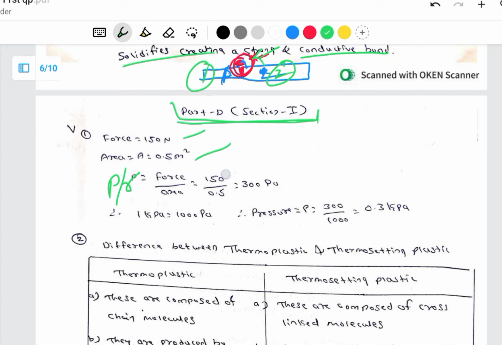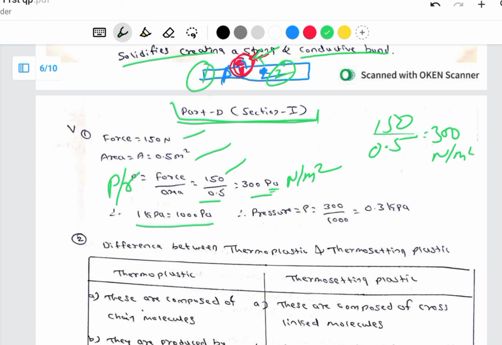So here 150 divided by 0.5, this is in terms of Newton per meter square. Area is given, directly you can solve that one. So here the answer will be 300 Newton per meter square, that is Pascal.